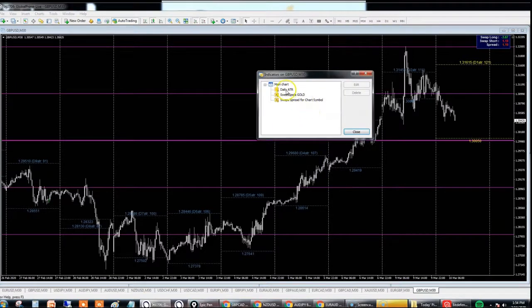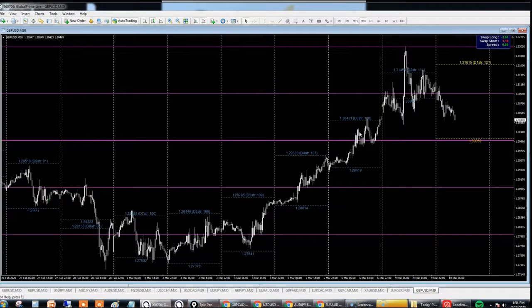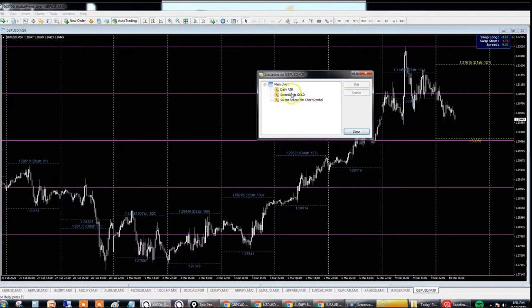If you come to the indicator, it is actually called by the same name, Daily ATR. And it is very important that as traders we use volatility measures to improve either order placements or market analysis, the type of profit targets, how aggressive we want to be, etc. Now this Daily ATR indicator is going to be giving us the limits of potential price projections to the upside and to the downside based on the average movement of this currency pair based on a specific period that you're going to choose, okay?